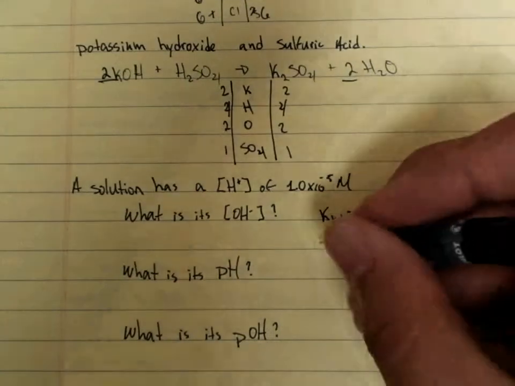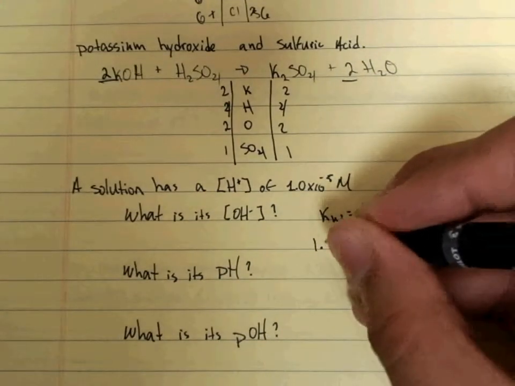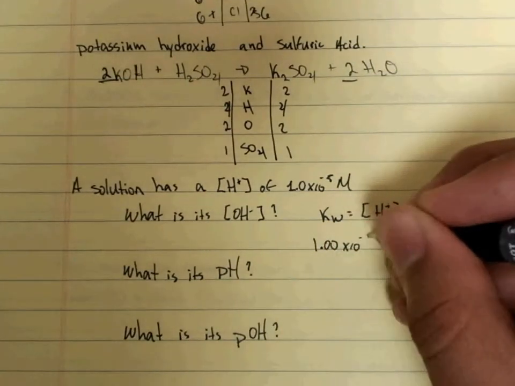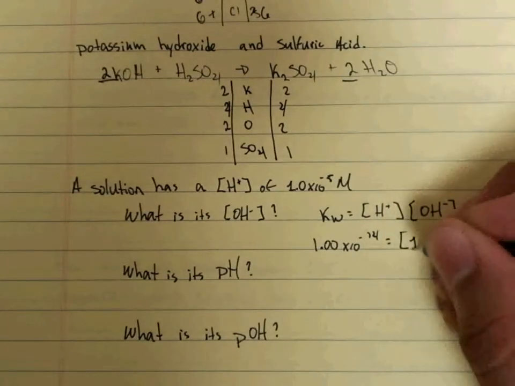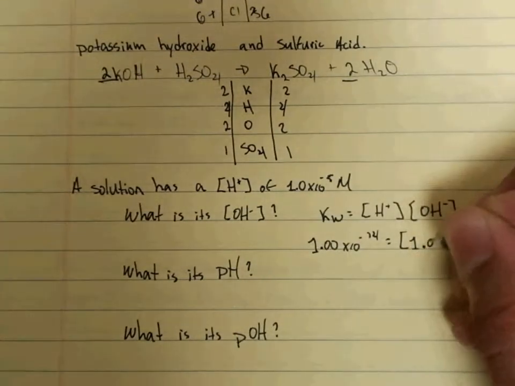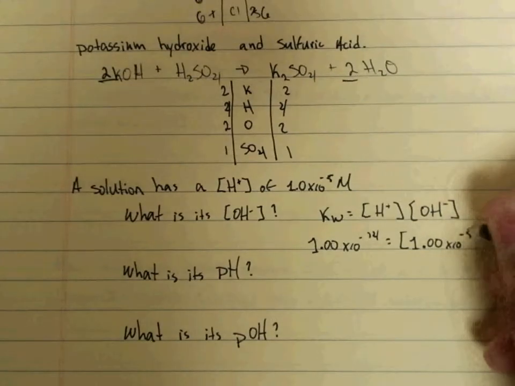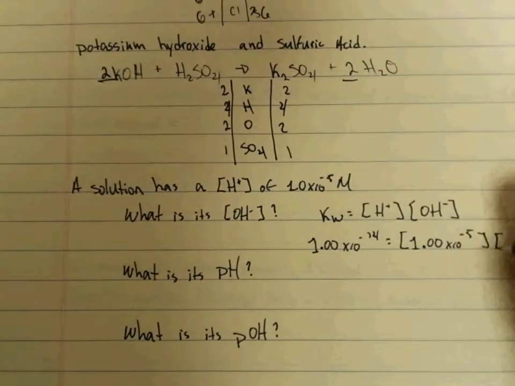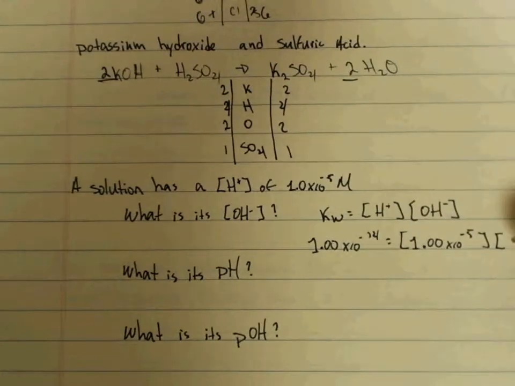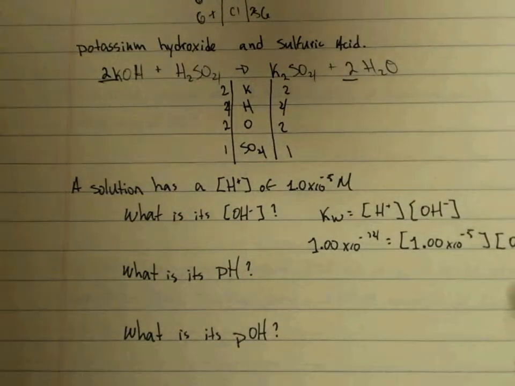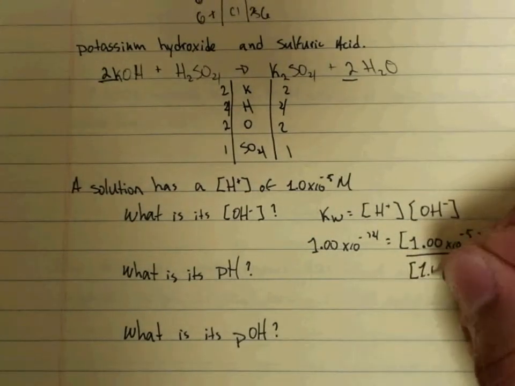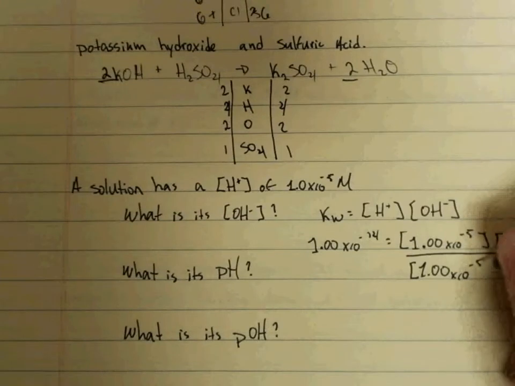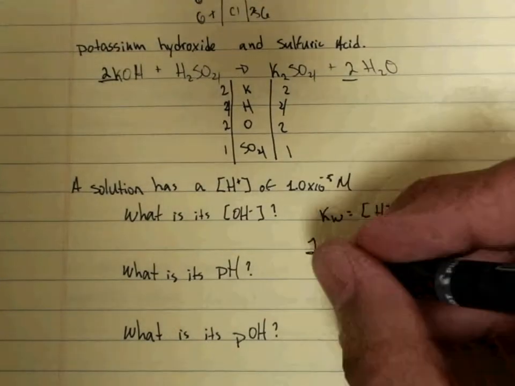It's like the answer's right in front of you. 1.00 times 10 to the negative 14 is equal to 1.00 times 10 to the negative 5, and we have OH negative. So what I'm going to do is I'm just actually going to divide by this 1.00 times 10 to the negative 5 on both sides.